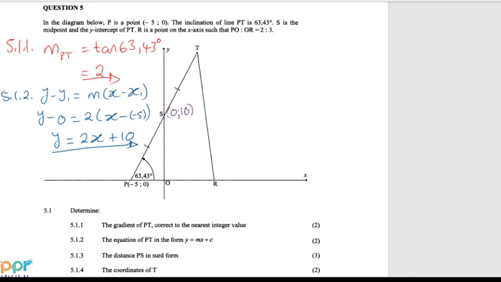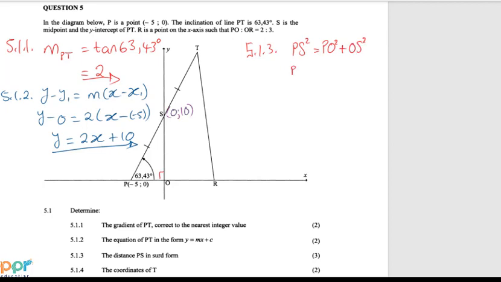So to find PS, you can use the Pythagoras theorem or you can use the distance formula. The choice is yours. Let me start by using the Pythagoras theorem. I would say PS squared, because this is 90 degrees, is equal to PO squared plus OS squared.